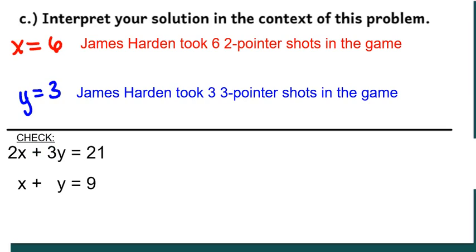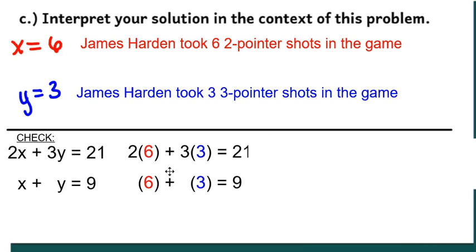So, looking at our original system of equations, the first thing that we're going to do is substitute in the values of x and y. We replace all the x's in the system with 6's and all the y's with 3's.